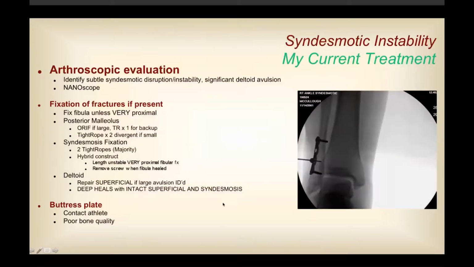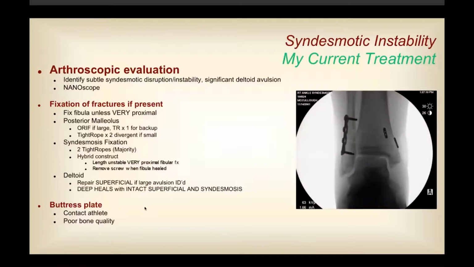So my current treatment is an arthroscopic evaluation to identify subtle syndesmotic disruption or instability, and fixation of fractures if present. Fix the fibula, just like Marty said, unless it is incredibly proximal, to set that length and rotation. Posterior malleolus must be fixed. If it is just a very subtle avulsion that is seen arthroscopically, those can simply be treated, in my opinion, with dynamic stabilization.